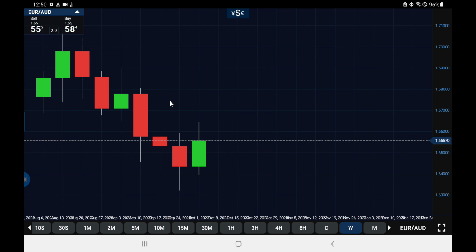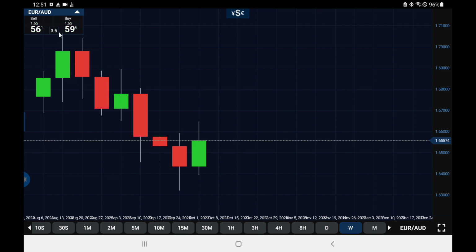The chart is where everything happens. This is where you make your decisions to buy or sell, to open a long position or a short position. Now, a lot of those words really don't matter at this point. You're going to hear them over and over repeatedly throughout the process of learning to trade.